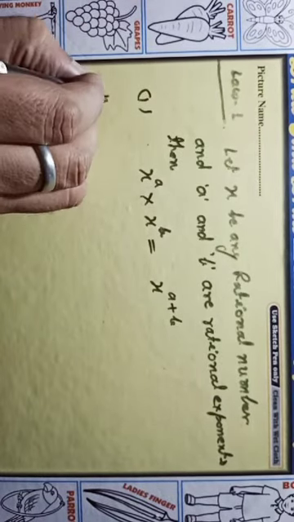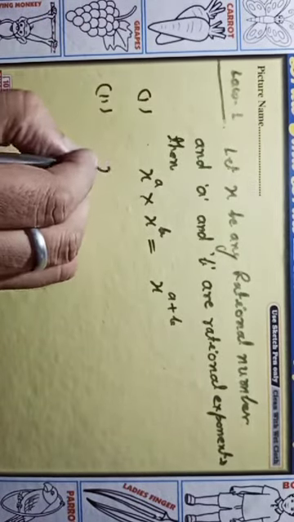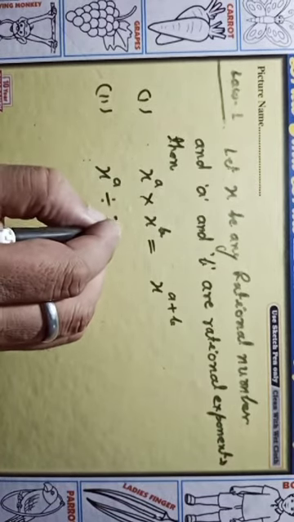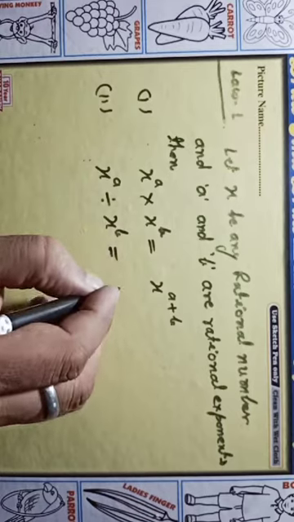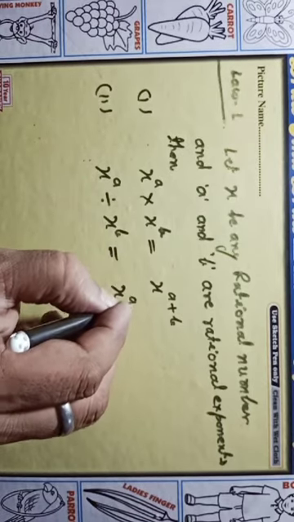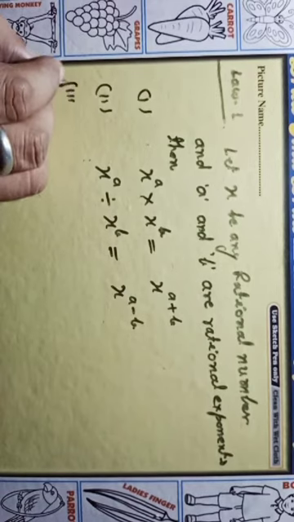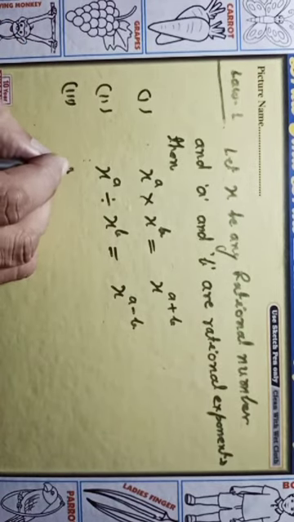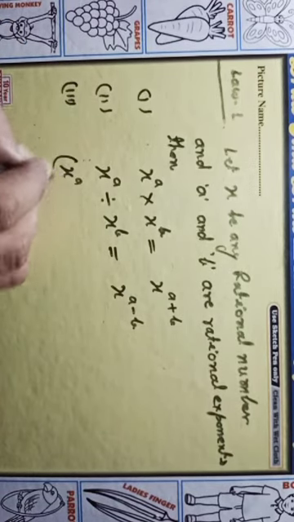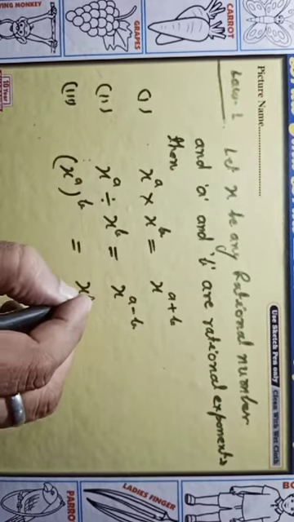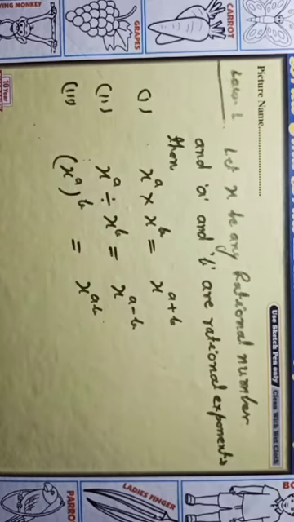Now second, x to the power a divided by x to the power b becomes x to the power a minus b. Third, just the same, x to the power a, to the power b, becomes x to the power ab.